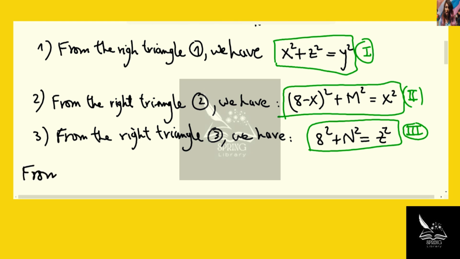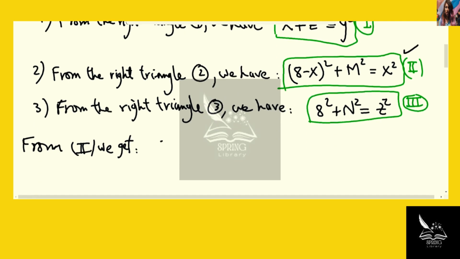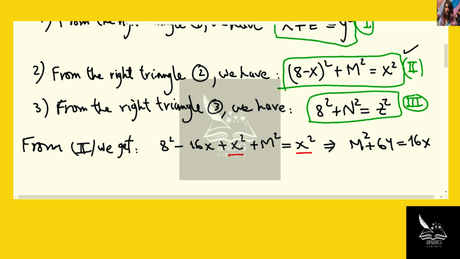So now we start with the second equation, 2. We get from this equation that 8 squared minus 16x plus x squared plus m squared equals x squared. x squared is cancelled out, so we get from here that m squared plus 64 is equal to 16x.